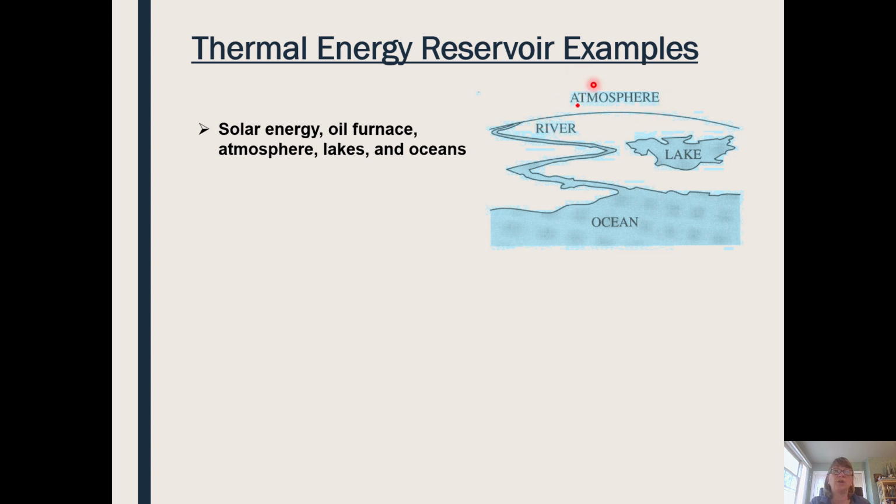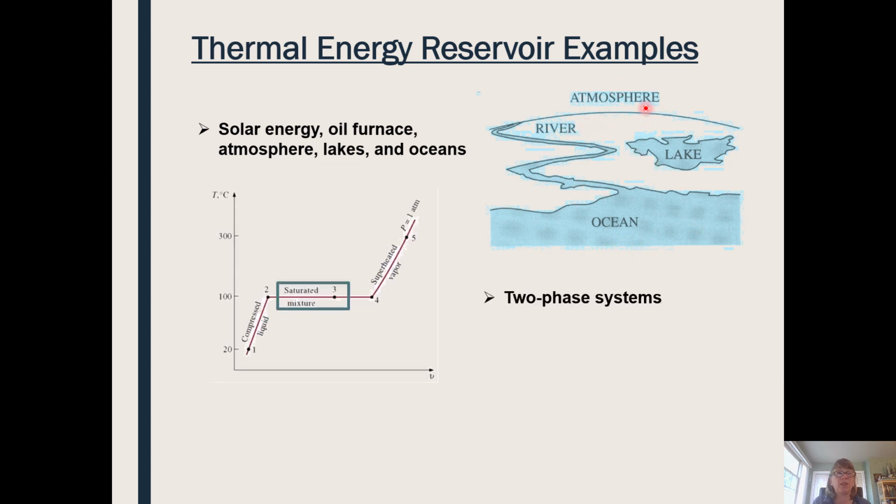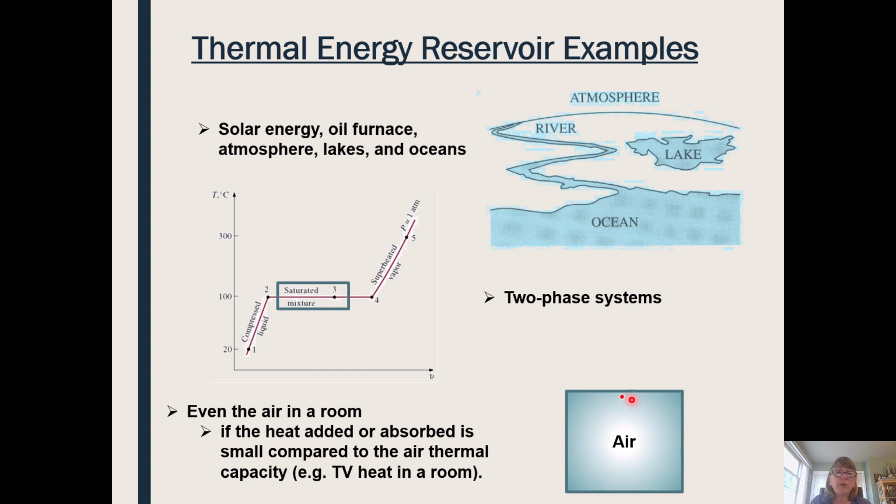So our atmosphere can be a reservoir, and our ocean can be another reservoir of heat. We can transfer work in between the two. It can be compressed liquid going through our two phases, or we can have two phases present also. Another way to think about it is the air in the room. If we have a television in our room, we know the television will give off some heat.